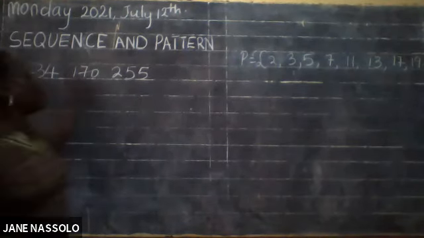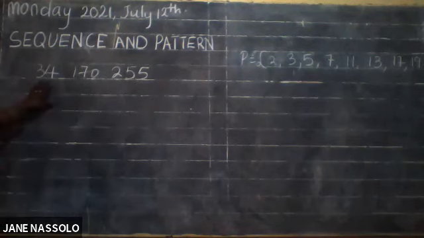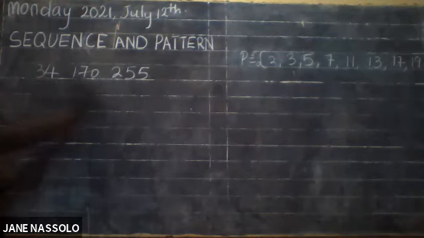Can 3 be a common factor of all these numbers? When you try 34, for instance, divisibility test for 3: a number is divisible by 3 if the sum of the digits is a multiple of 3. Now, when we add 3 and 4, we get 7. Is it a multiple of 3? No.